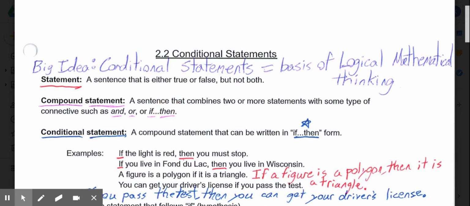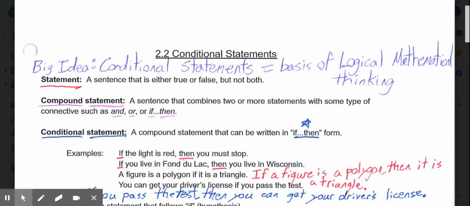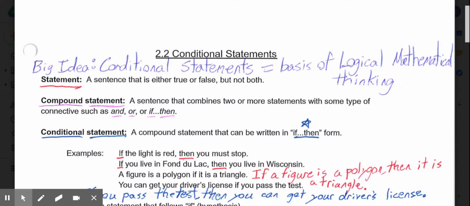So basically they are connected with a conjunction, some type of if, then, and, or some other type of conjunction.